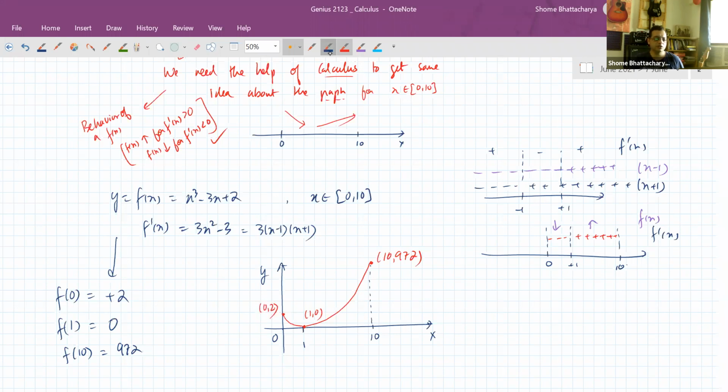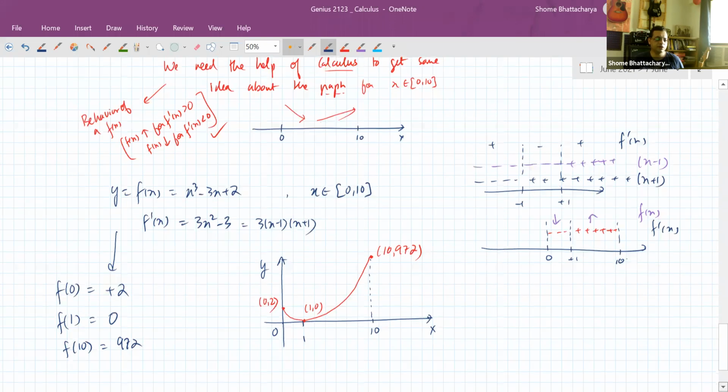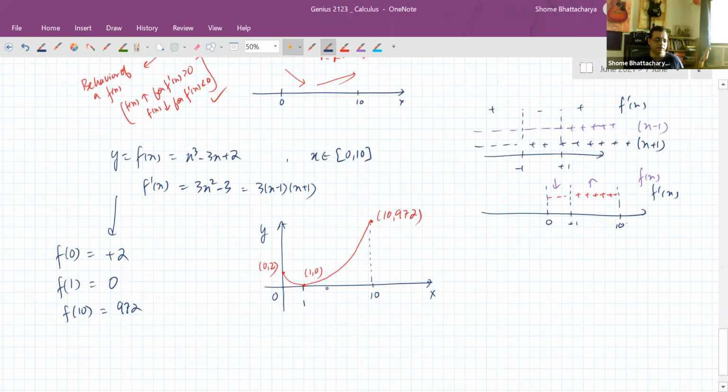So this graph is clearly showing me, without getting into second derivative, without getting into turning point and all that, just by understanding the behavior of the function in this limited part of the domain, just between 0 and 10, I can see that for x belonging to 0 to 10, y belongs to 0 to 972.